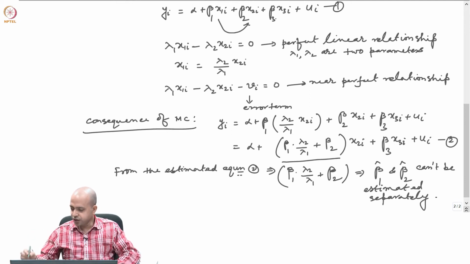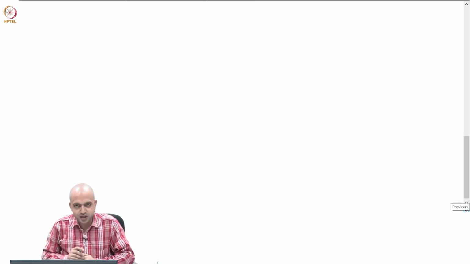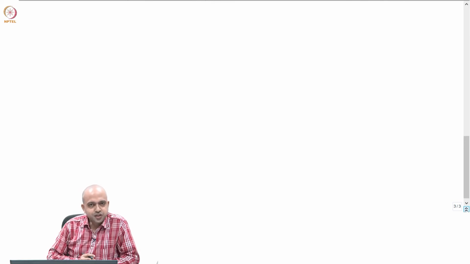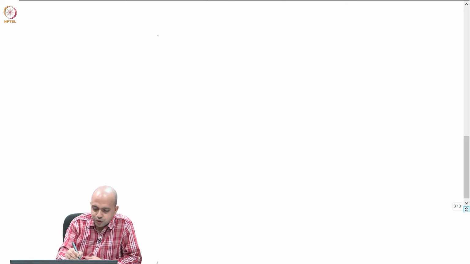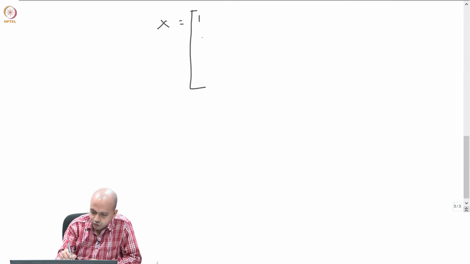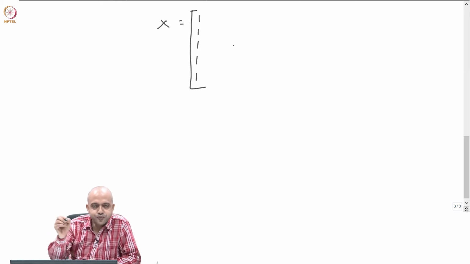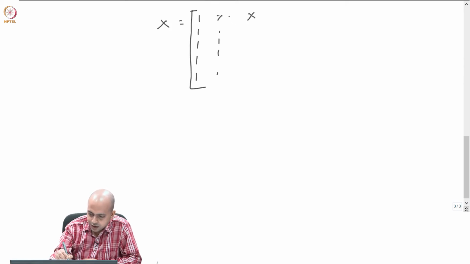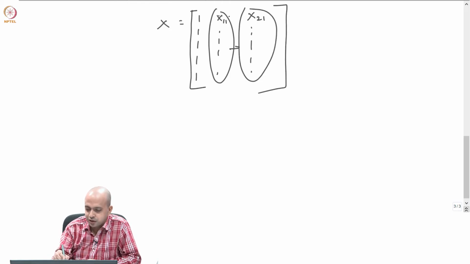Moreover, if you have perfect linear dependence, then what will happen? If you recall yesterday's class while discussing the dummy variable trap, the X matrix has a column of 1s, and then if x1 and x2 are perfectly linearly dependent, let us say this column is x11 and this is x21, then these two columns are perfectly dependent.